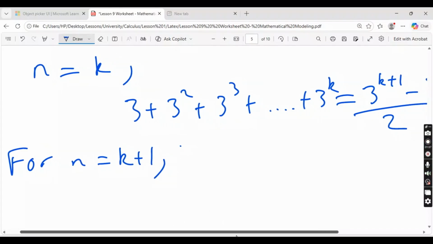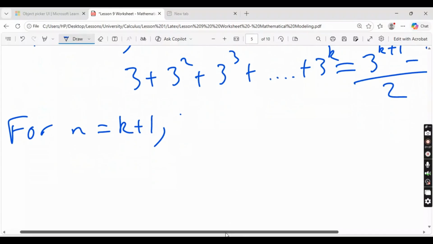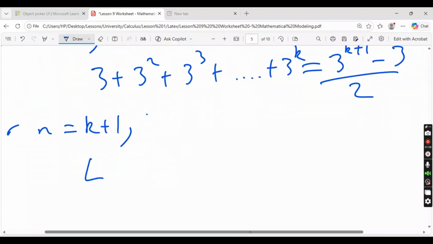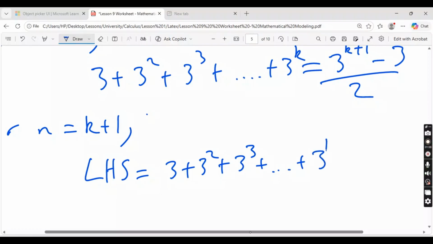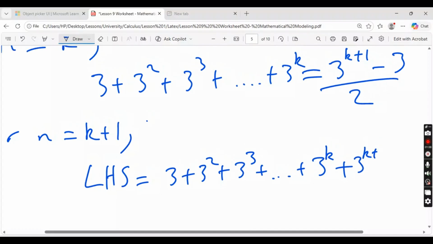The left hand side is equal to 3 plus 3 squared plus 3 cubed plus ellipses plus 3 to the power of k plus 3 to the power of k plus 1. Okay.